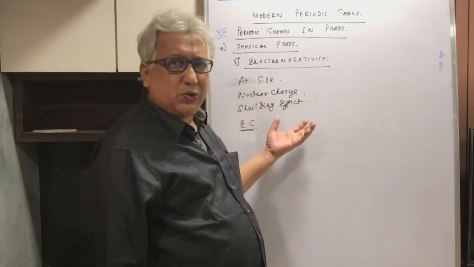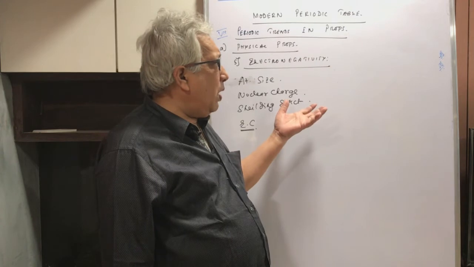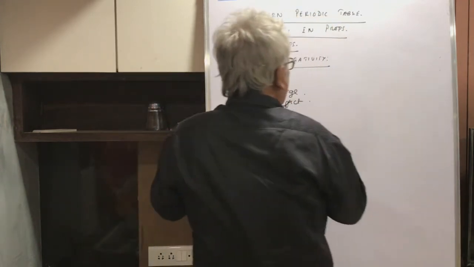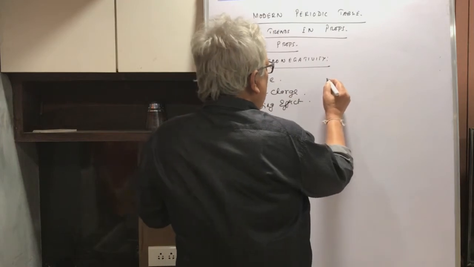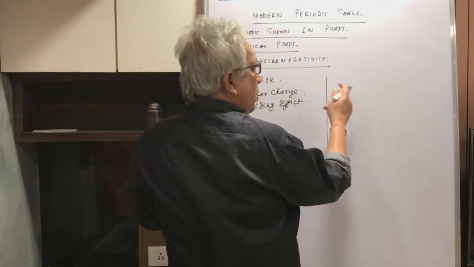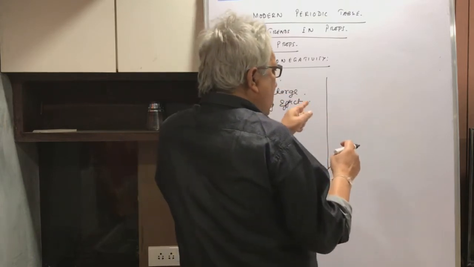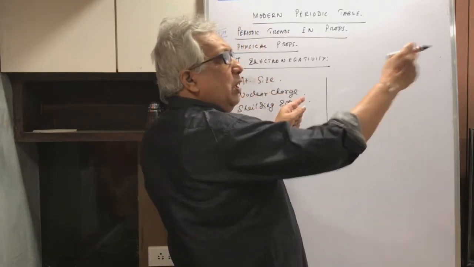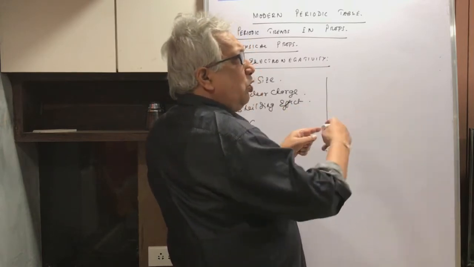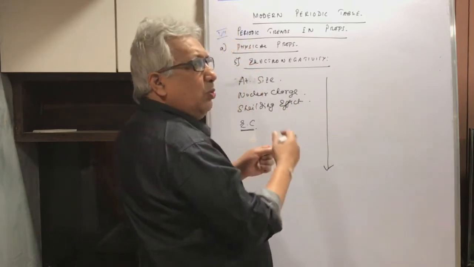Now what will be the trend? Let's see, in the normal elements, what happens is, as you go down the group, what will happen? Size of the atom will go on increasing. So distance between the nucleus and the shared electron will become more, and when it becomes more, the attraction will become less.